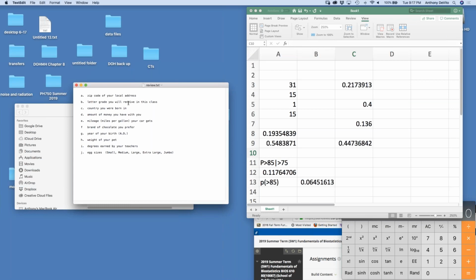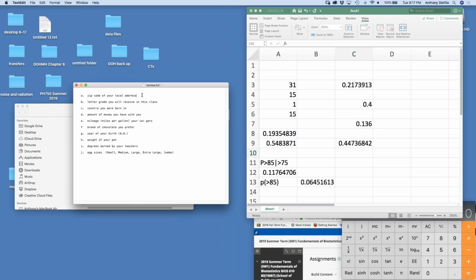Okay, so the zip code of your local address, right? Your zip code, is that a numerical variable, a categorical or nominal variable, or an ordinal variable? Okay, it's a zip code. It's a number, right? But does that make it really a numerical or scalar variable? Well, the number itself only identifies a location.